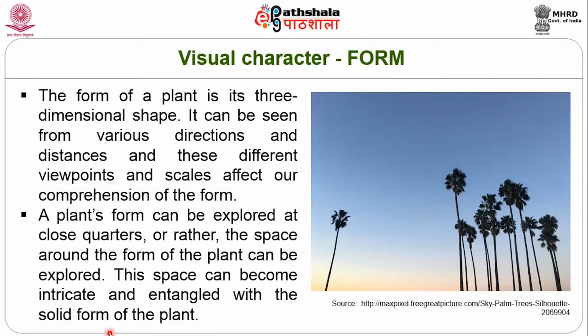So, that is how simply we can define a particular aspect of form in a particular plant. It can be seen from various directions and distances, and these affect our viewpoints, and scales affect our comprehension of the form.